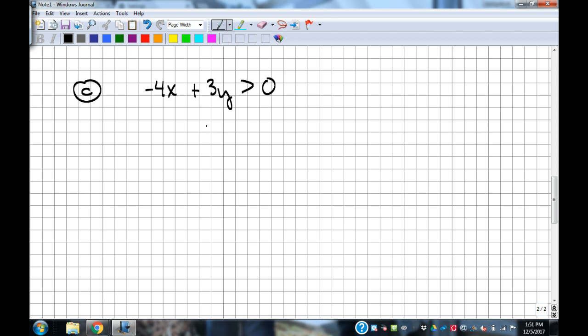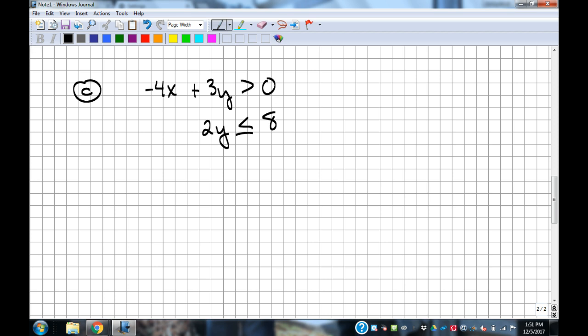And then we have 2y is less than or equal to 8. That's our system of inequalities to deal with.